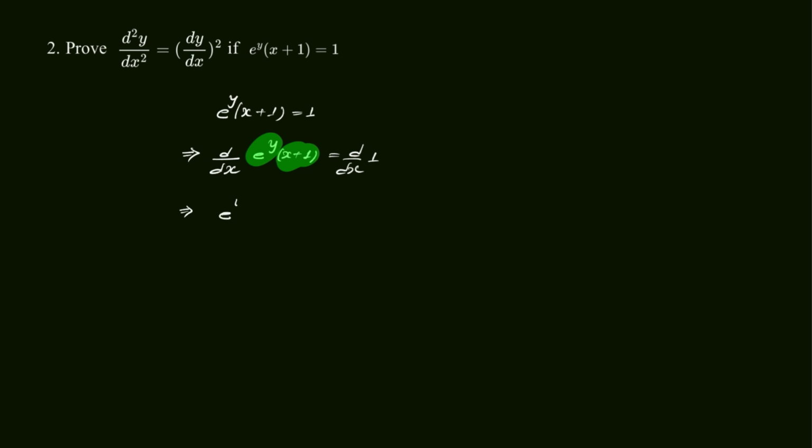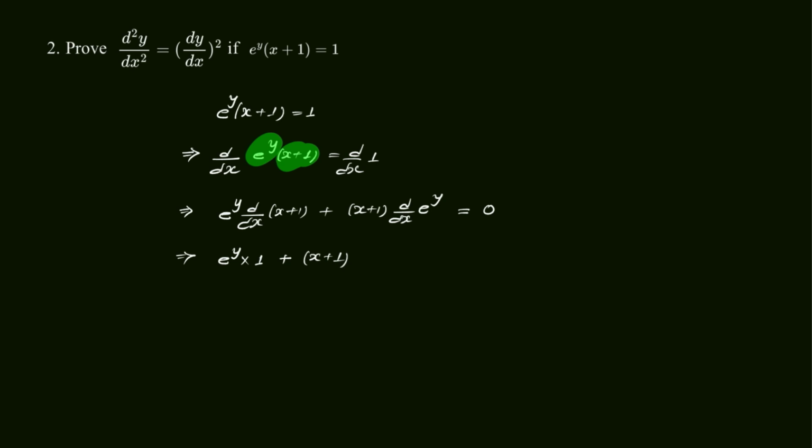So let us keep e to the power y and differentiate x plus 1, plus keeping x plus 1 and differentiating e to the power y, equals d/dx of 1, which is 0. So this implies e to the power y into, say, d/dx of x is 1 and d/dx of 1 is 0. So 1 plus 0 will be simply 1, plus (x plus 1) times d/dx of e to the power y.